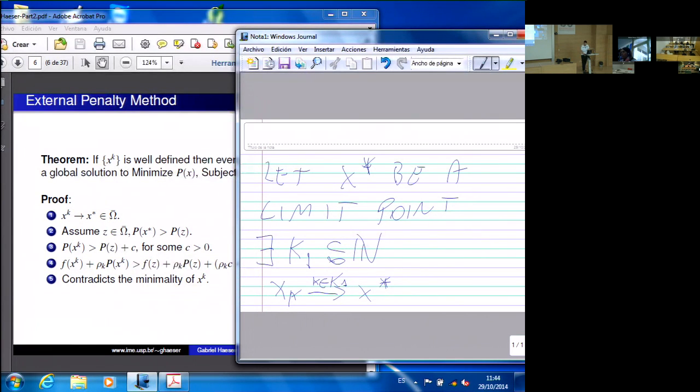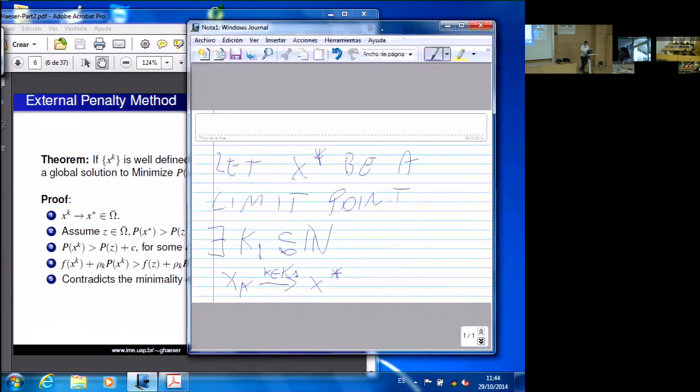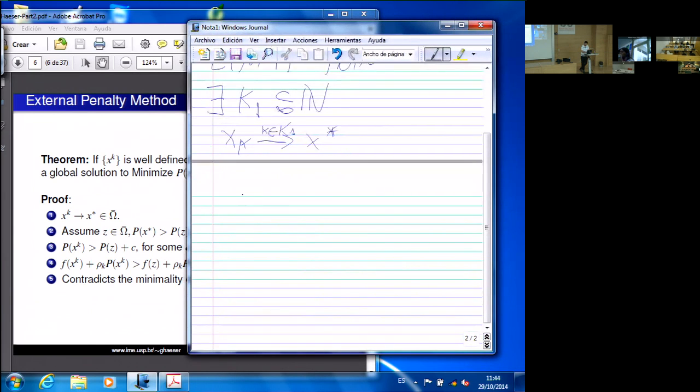So this can be easily done. I can assume that the whole sequence is converging to this point x star. In fact, we will simply write xk converges to x star. We simply rename the sequence.